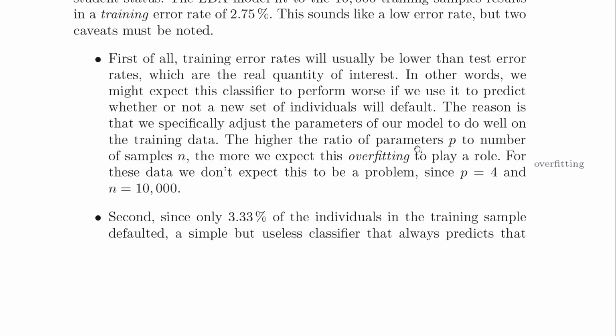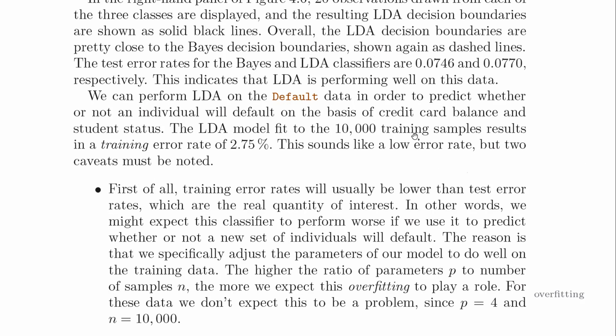The higher the ratio of parameters p to number of samples n, the more we expect this overfitting to play a role. For these data, we don't expect this to be a problem, since p is equal to 4. Why is p equal to 4? Because we've used credit card balance, student status.